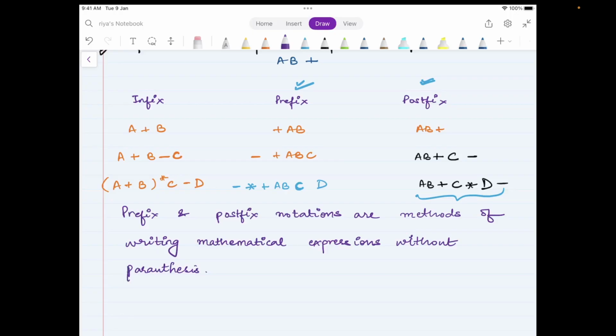Okay, this is what the major benefit of prefix and postfix notations is, right? You let go of all of those rules.